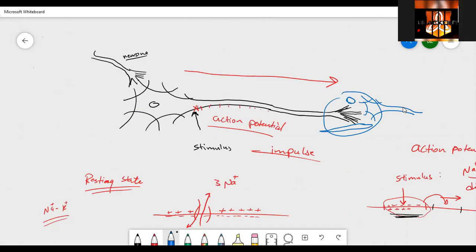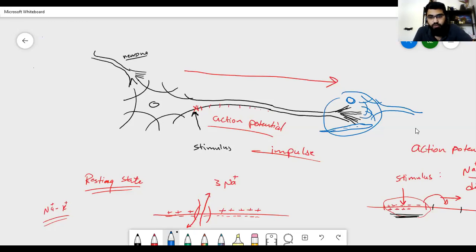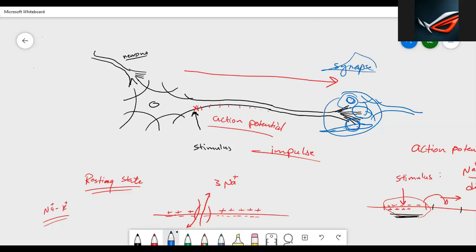So here the message arrives at another neuron or another organ. What will happen there? The meeting point between a neuron and another neuron, or a neuron with a gland or a muscle, we call synapse. What is happening in the synapse? Let's see here.